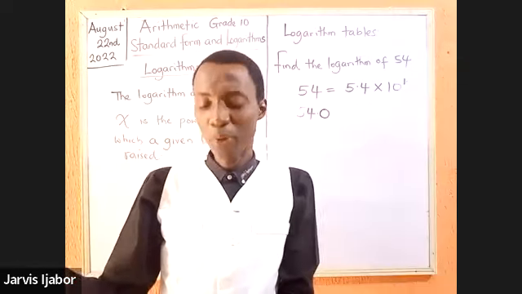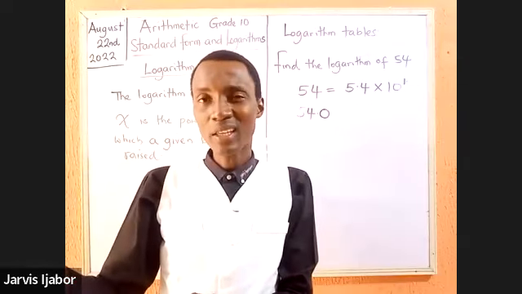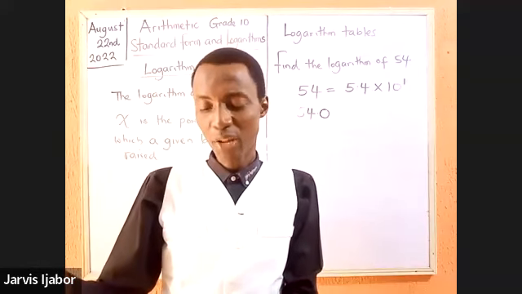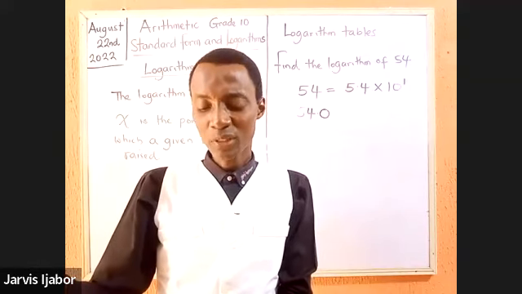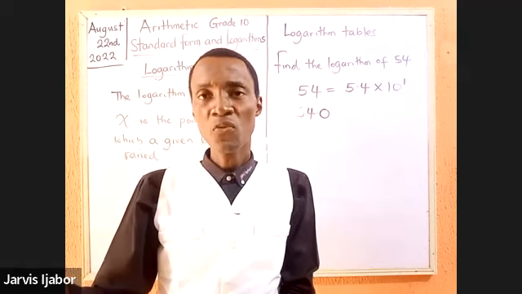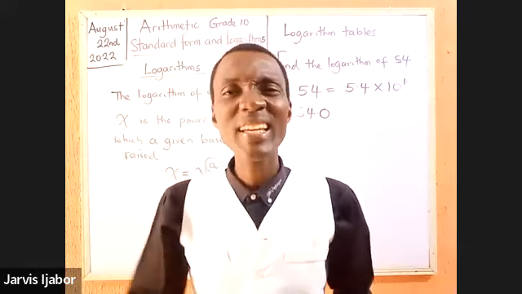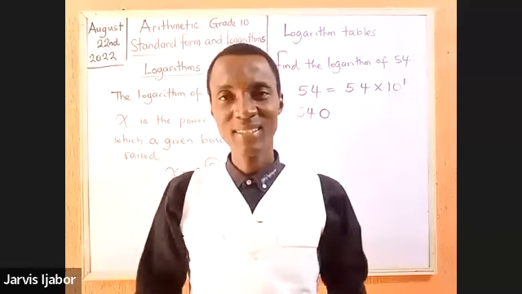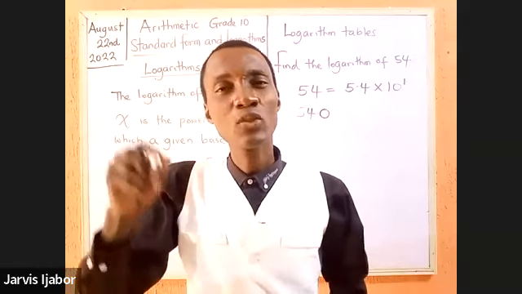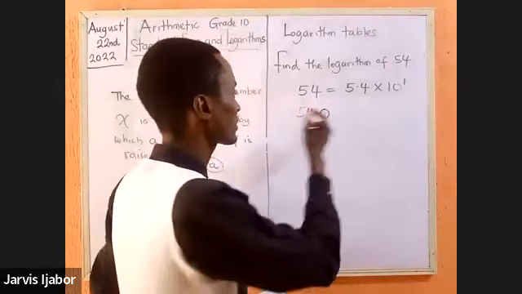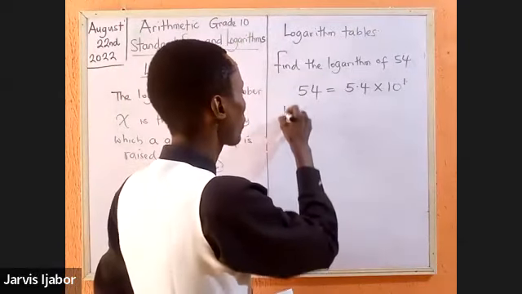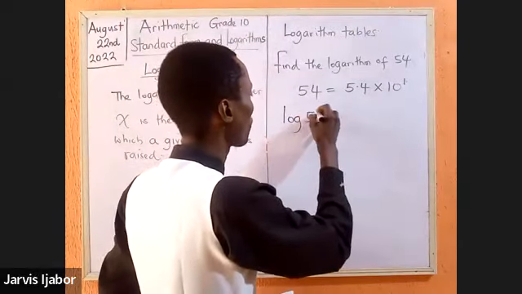You're going to have 7324. That 7324 is actually 0.7324. So with that understanding, my next line will be, what then is the log of 54?